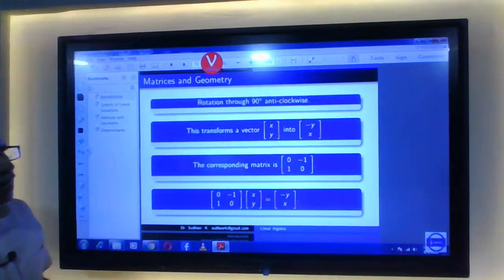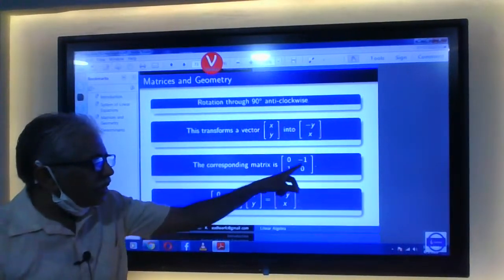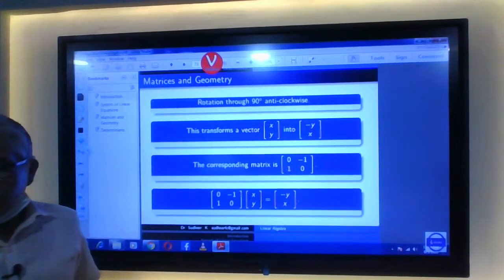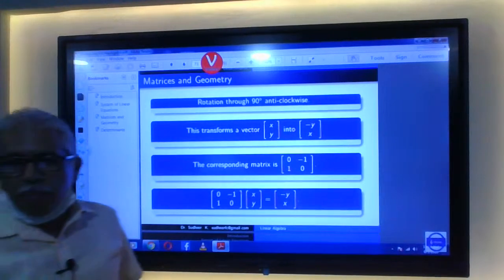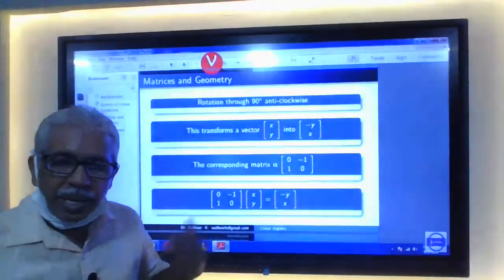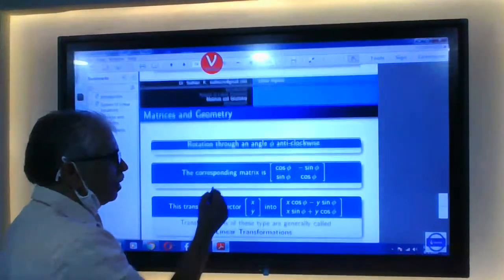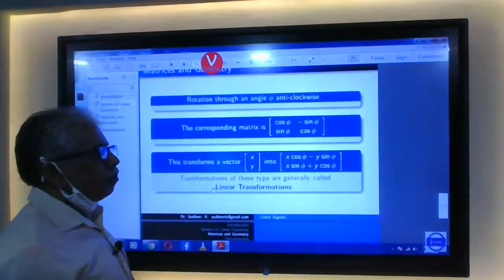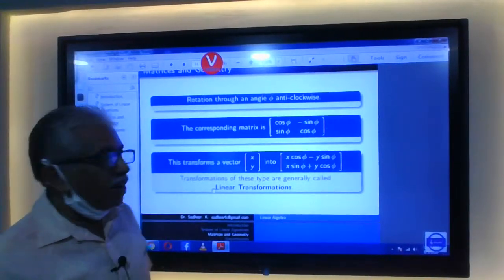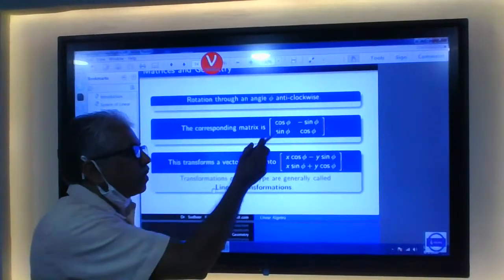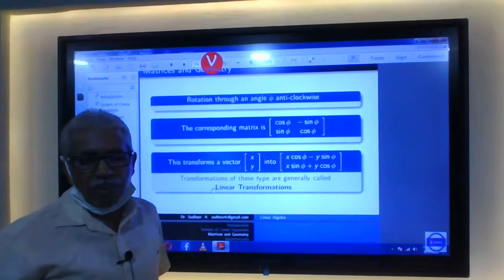Now rotation through 90 degrees anti-clockwise is done using the matrix [0, -1; 1, 0]. You should check it. So I will give you the general situation. Suppose you want to make a rotation through an angle phi anti-clockwise, the matrix will be [cos phi, -sin phi; sin phi, cos phi].